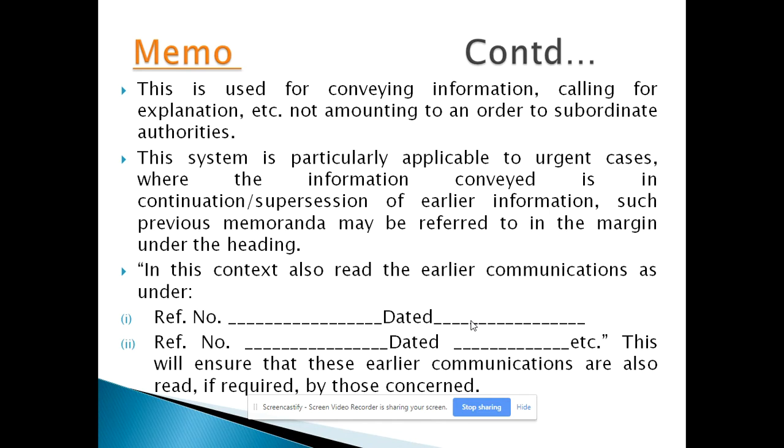Like if they have asked once and that explanation has not been received by the higher authority, they may refer to the number of the past memo, that on this particular date it was asked from you to reply and we did not receive it, so why not take further disciplinary action against you. So the memo is issued in that particular case.